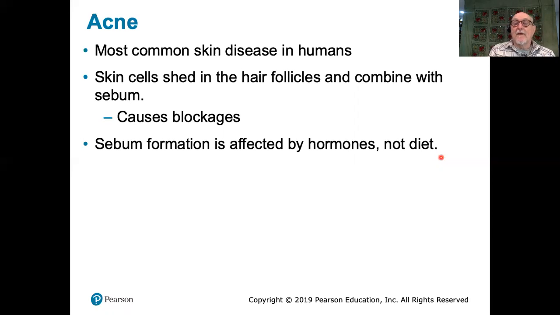And under normal circumstances, our hair follicles, which consist of a pocket with the hair embedded in it, have little oil glands associated with them that secrete a lipid called sebum. And it's intended first of all to lubricate the hair itself, but also provide oil for the skin.